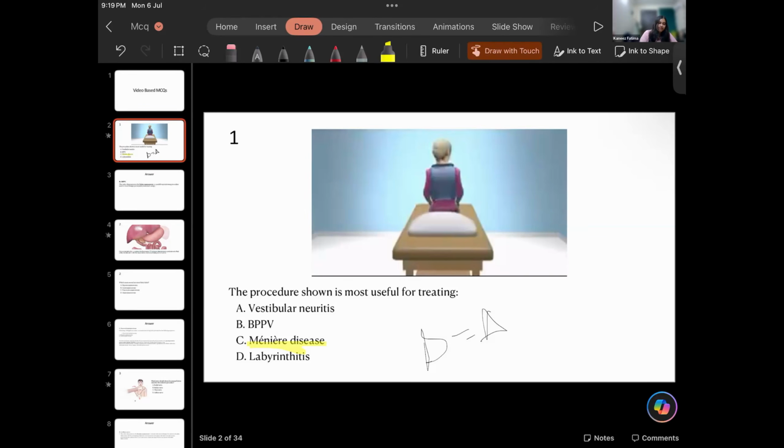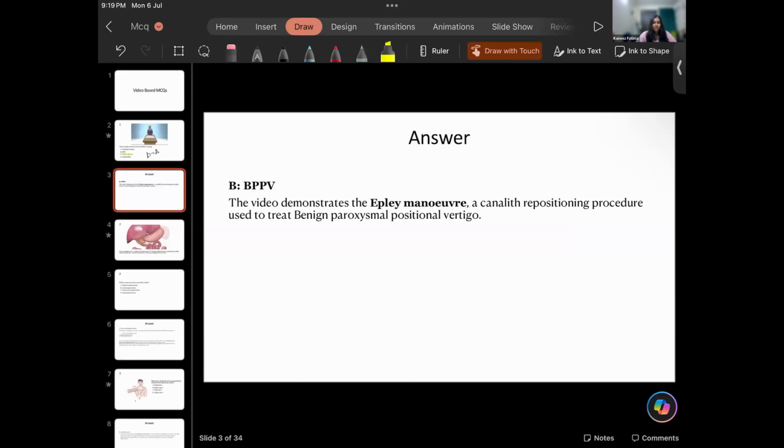So let's go into detail about BPPV. BPPV is, as the name says, benign paroxysmal positional vertigo. It is a benign condition wherein there is a paroxysm, that is an episodic vertigo that the patient experiences on the change of position. So why does it occur?